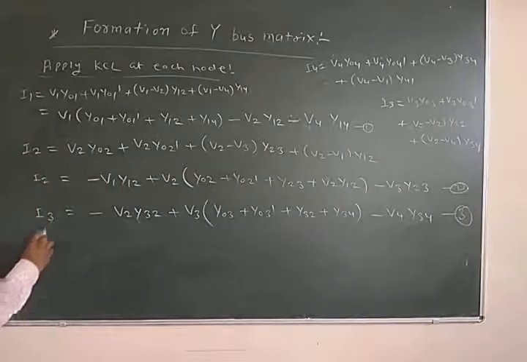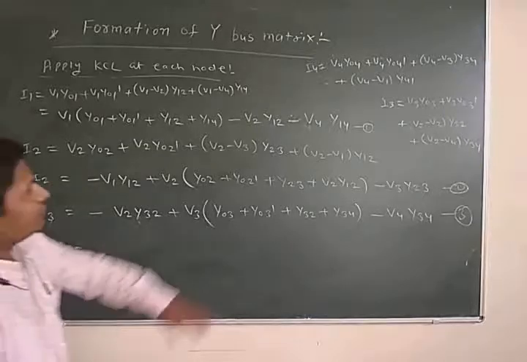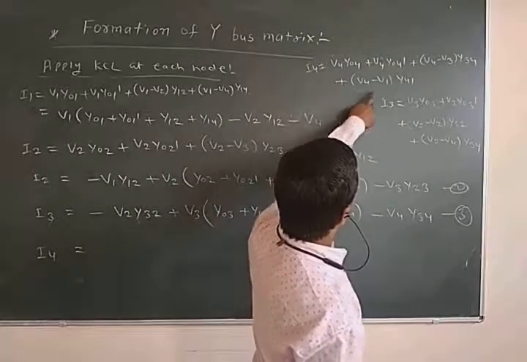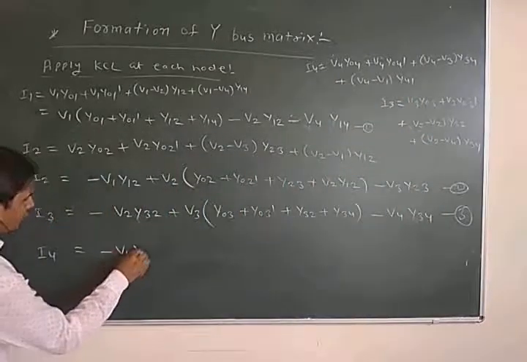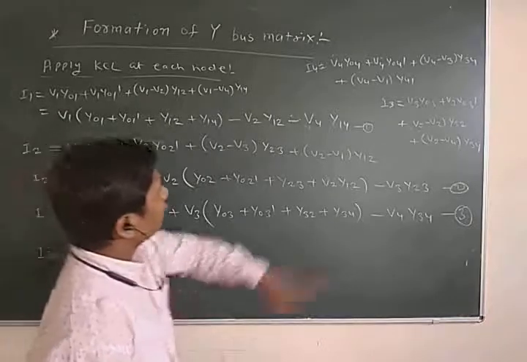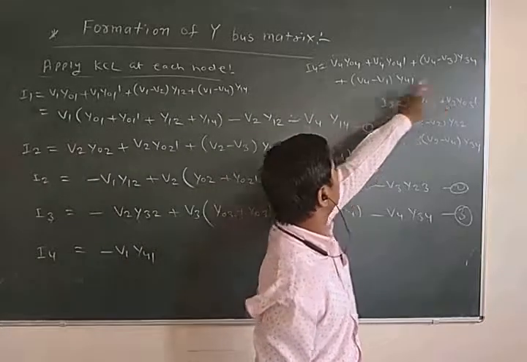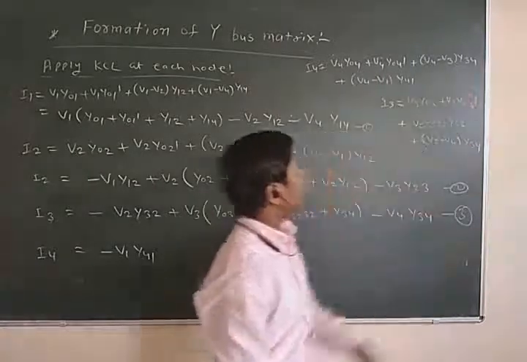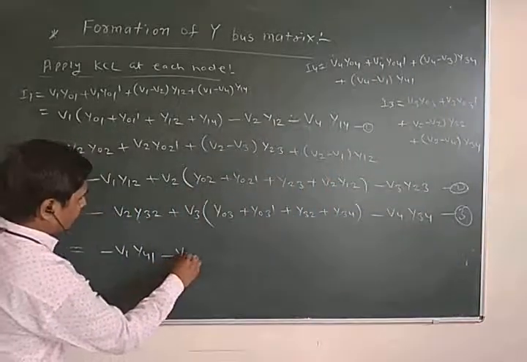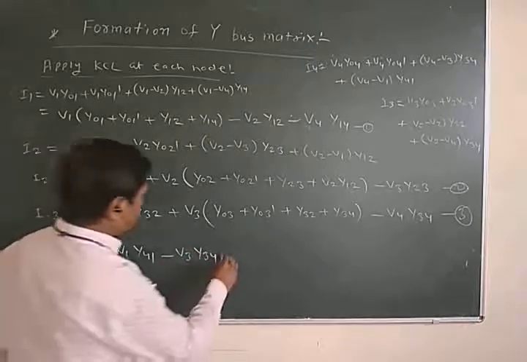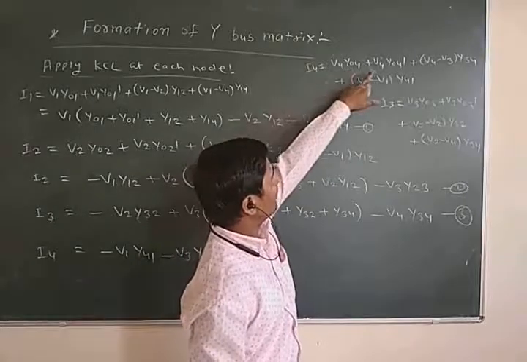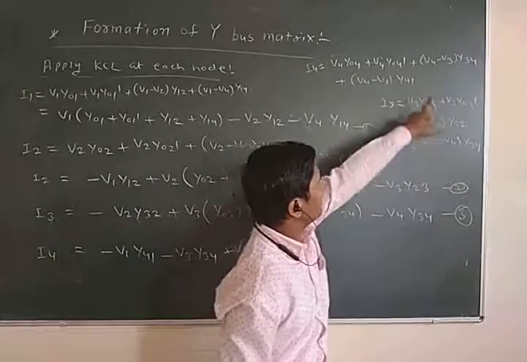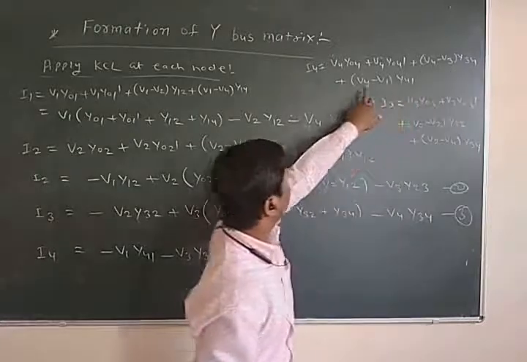Similarly, KCL equation at node number 4, I4 is equal to, minus V1 y41, there is no term of V2, minus V3 y34, plus V4 y04, V4 y04 dash, V4 y34 and V4 y41.